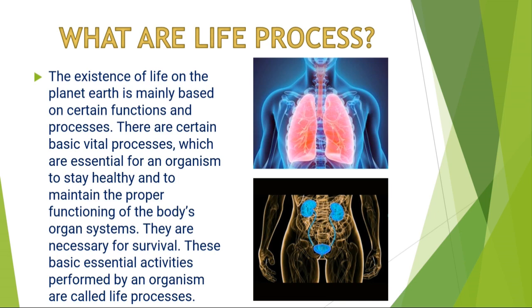These processes are necessary for our survival, and these basic essential activities performed by an organism are called life processes. So all these basic functions of organ systems in an organism are called life processes.